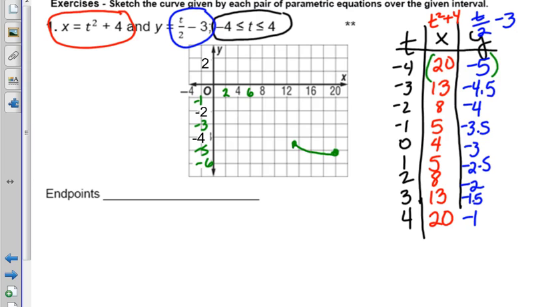So my orientation would be this way. 8, negative 4. 5, negative 3.5. 4, negative 3. 5, negative 2.5. 8, negative 2. 13, negative 1.5. And 20, negative 1.